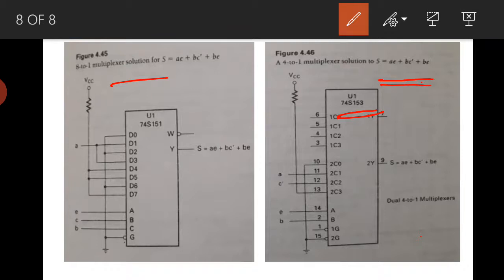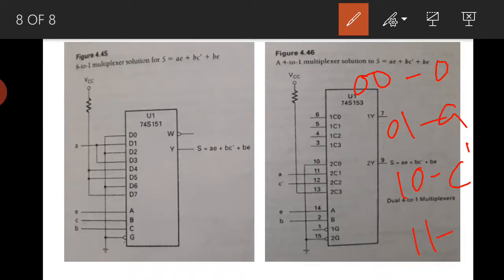In that case, 4:1 means only 2 select lines will be there and 2 inputs should be there. In that case, directly B and E they have taken as the select lines, and A and C bar they have taken as inputs. As I said earlier, A and C bar they have taken directly as input. So 0 0 is 0, 0 1 A, 1 0 C bar, 1 1 1.